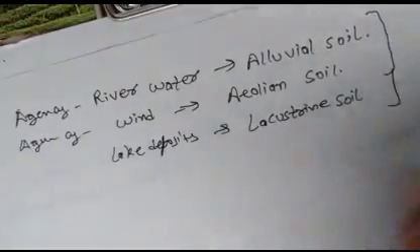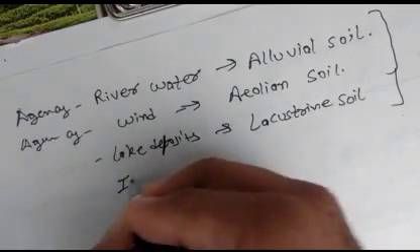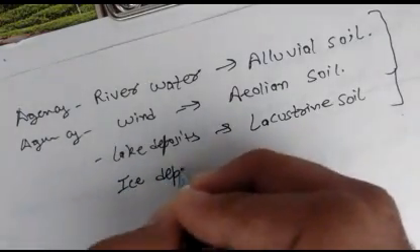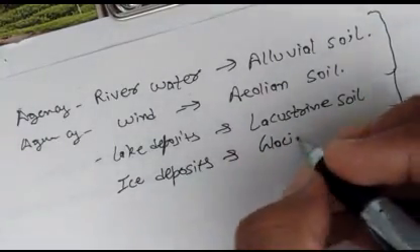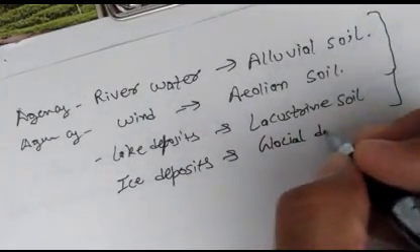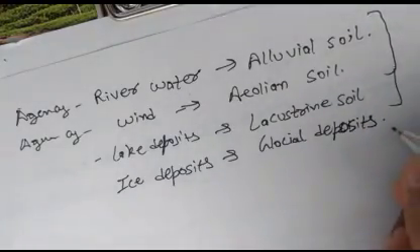You just need to know the terminology. At times they can ask you for 1 mark. Then we have ice deposit, soil deposited by ice, which is termed under glacier deposits. And so on.